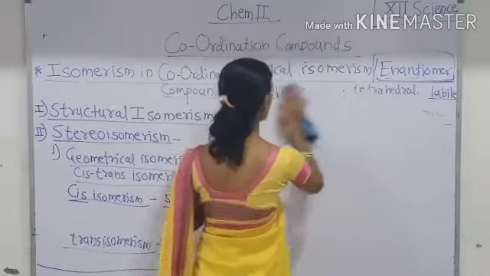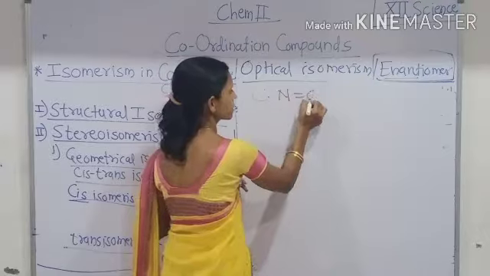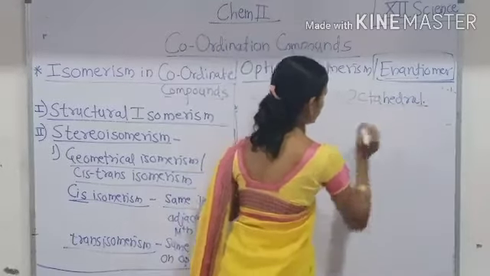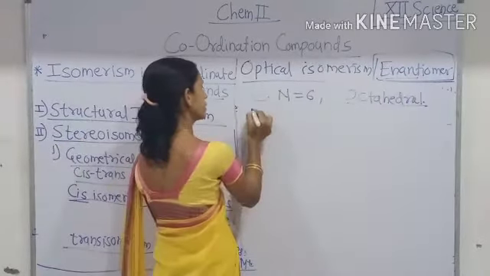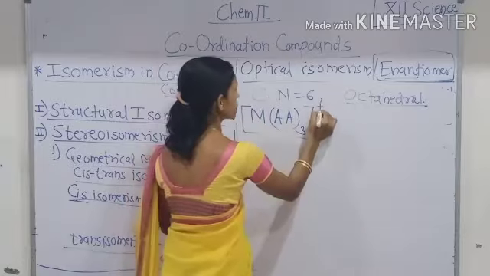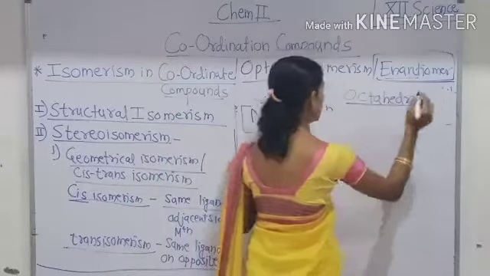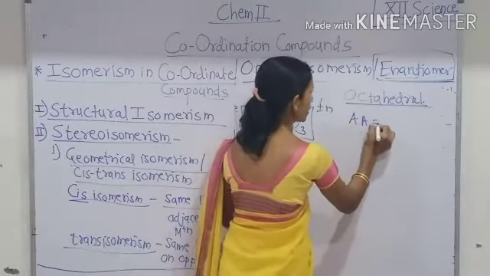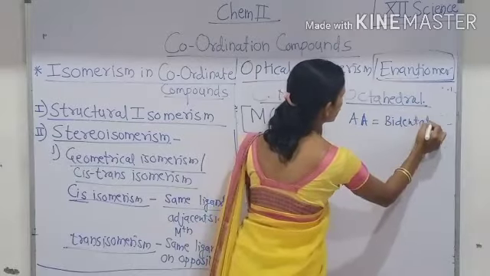Then optical isomerism is shown by coordination compounds having coordination number 6 and octahedral geometry. See here, there is one type of complex, that is the M(AA)3 type of complex, which has coordination number 6 and octahedral geometry, in which AA type ligands are bidentate ligands.